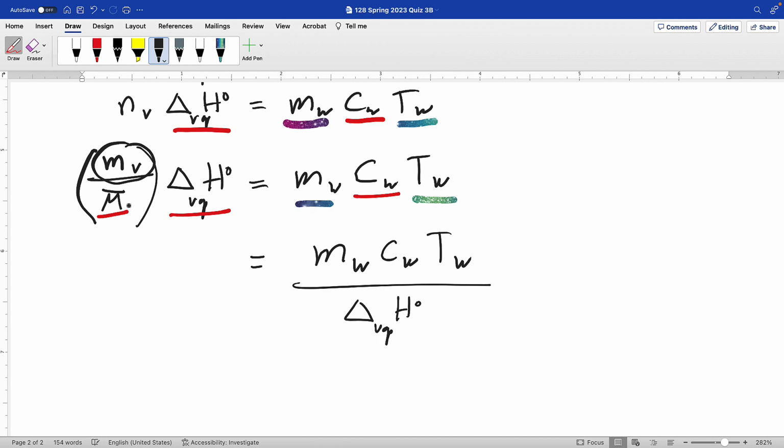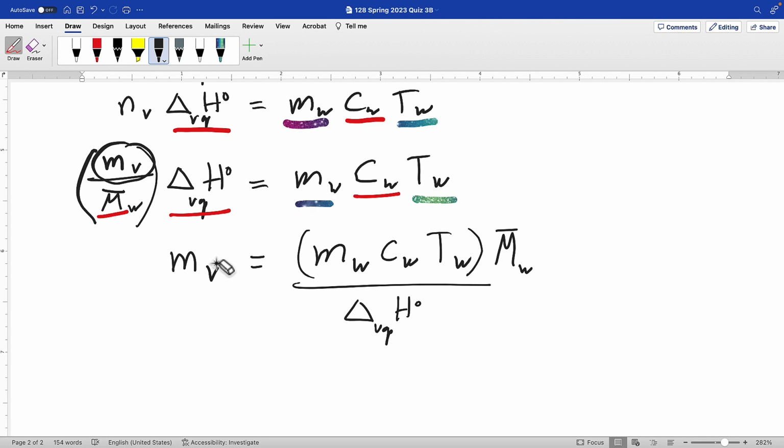And we want to get rid of the molar mass, so we're going to multiply both sides by molar mass. I don't really need parentheses, I'm just putting them in to show that we added that on. You don't need the W on there, I don't know why I put it there. Actually, I want to say that it's water, so let's put it back on. Molar mass of water specifically. That would leave us with the mass of vapor that condenses.